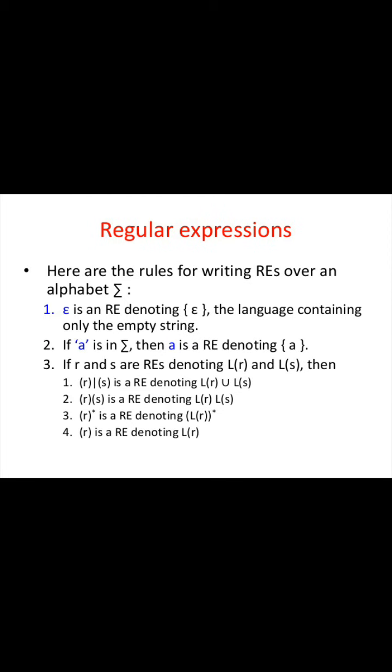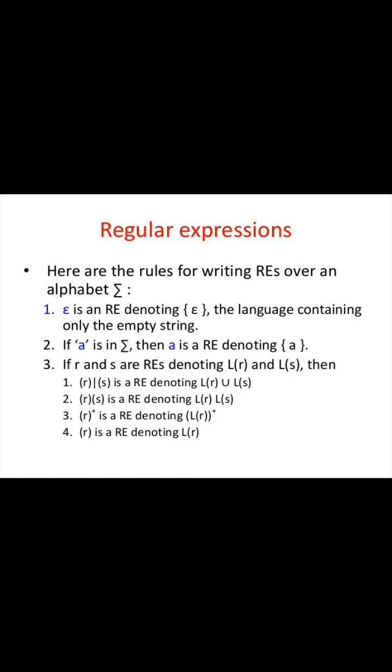Here are the rules for writing regular expressions over an alphabet. Epsilon is a regular expression denoting the language containing only the empty string. If a is in the alphabet, then a is a regular expression denoting the language {a}.